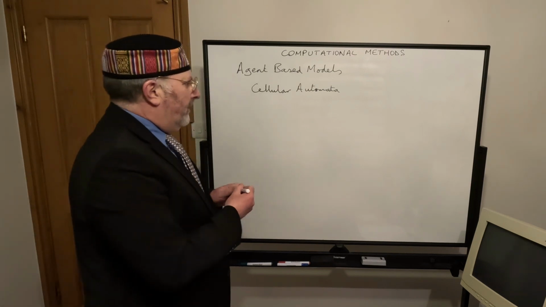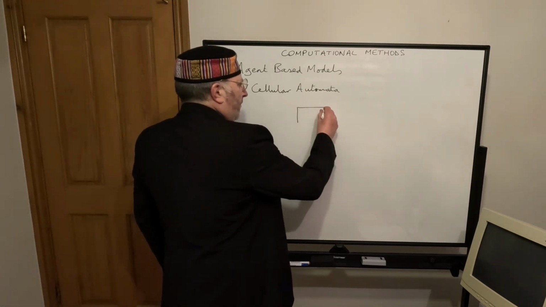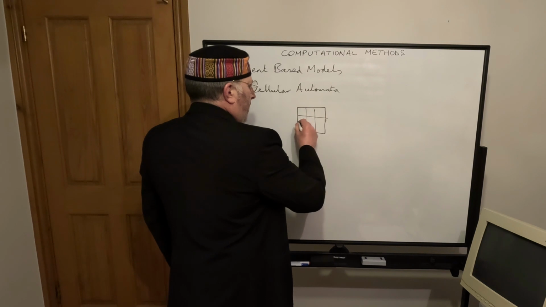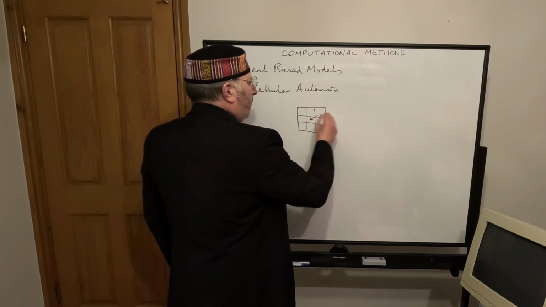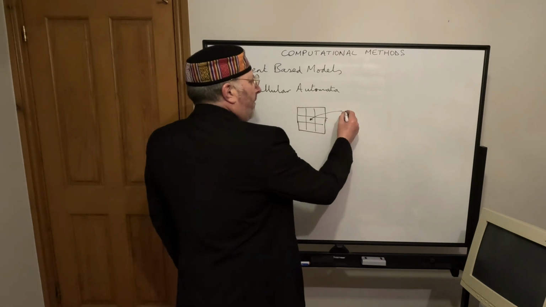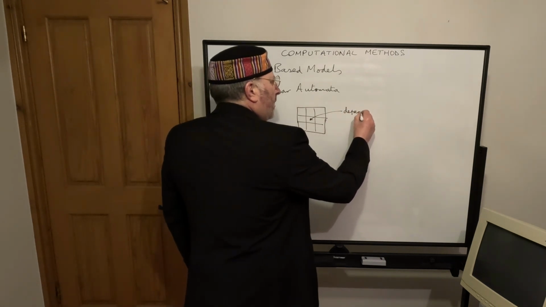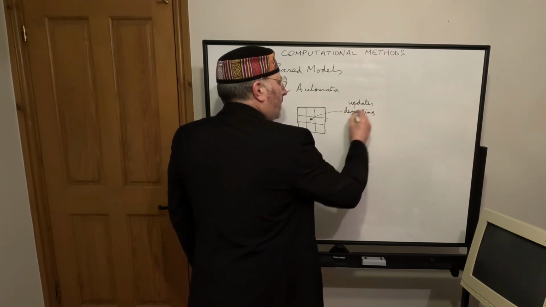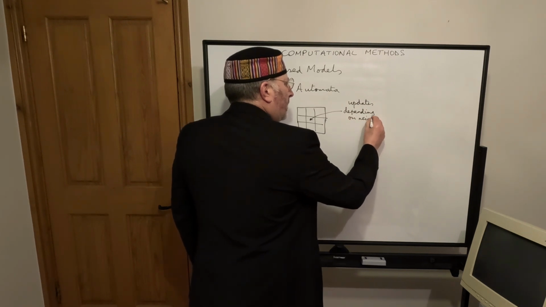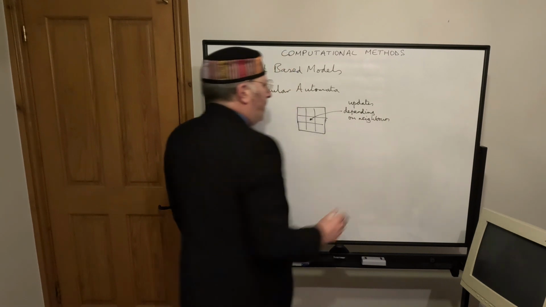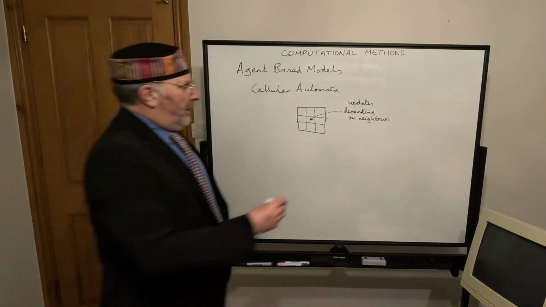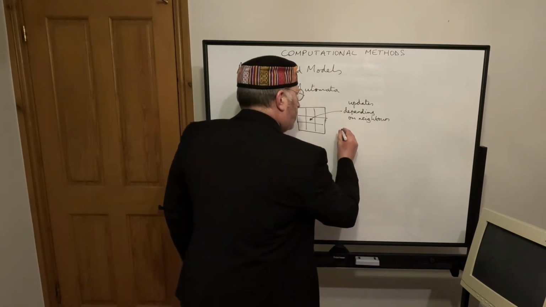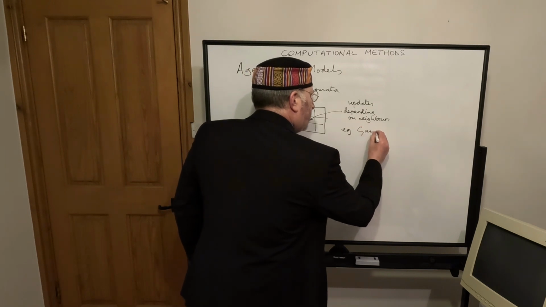With cellular automata, you have a grid of cells, and what happens in a particular cell updates depending on its neighbours. So an example is the game of life.